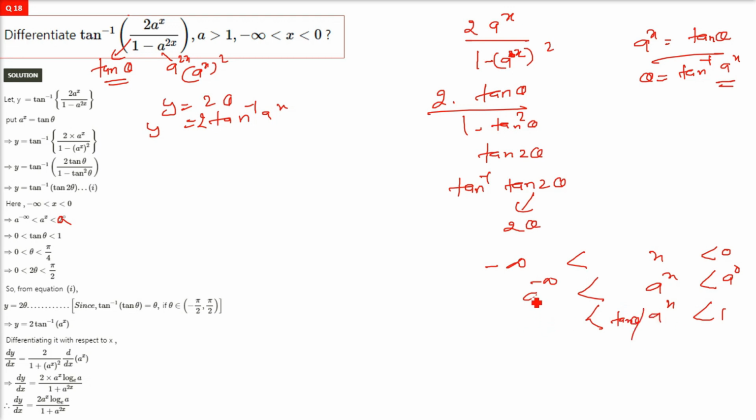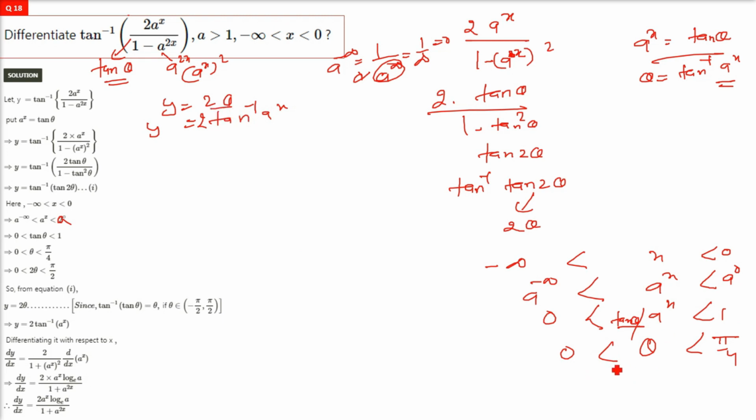So you get 0 here. a to the power minus infinity is 1 by a to the power infinity. Anything to the power infinity is infinity always. So 1 by infinity is going to be 0. And what is the tan inverse of 1 and 0? It is pi by 4. And this is going to be theta, and this is going to be 0.